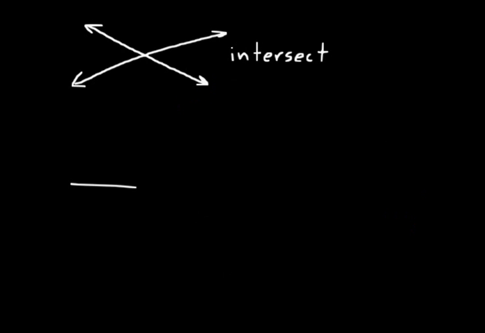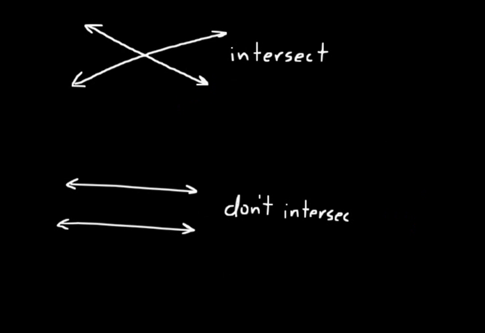If you had a pair of lines, they can either intersect, those would be called intersecting lines, or they don't intersect. Lines that don't intersect have a special name.